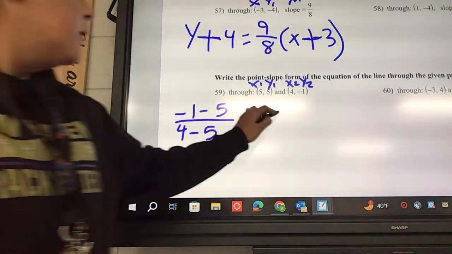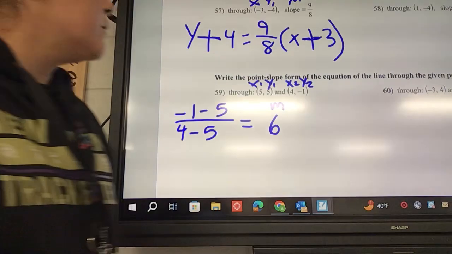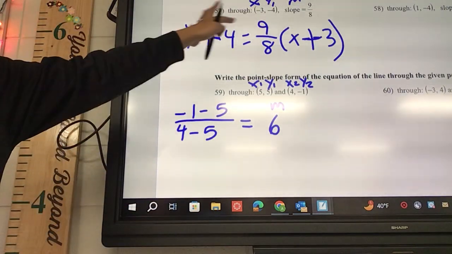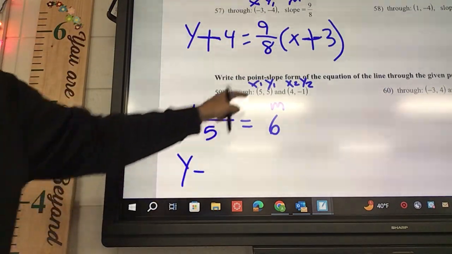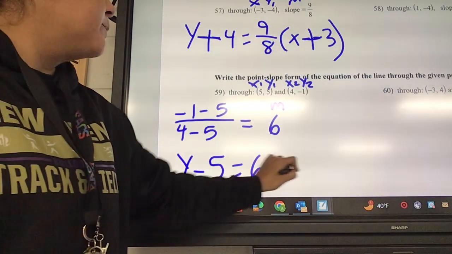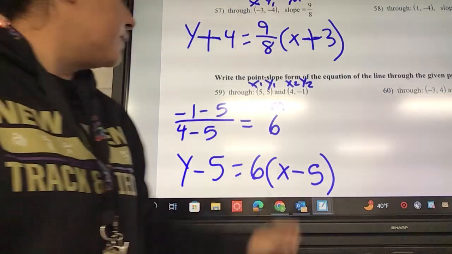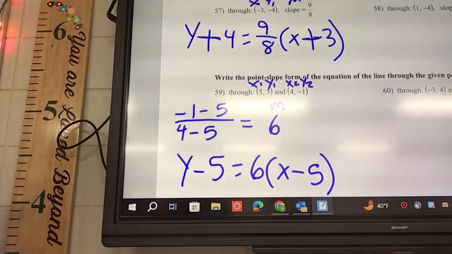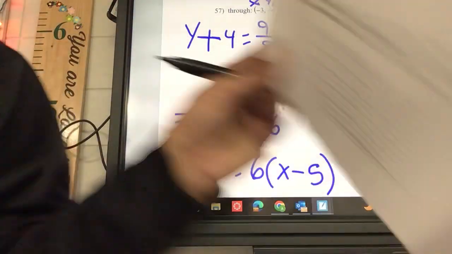Six. Okay, and so this is my m. This is my slope. And so we're going to do the same formula. Y minus my y1 equals my m, x minus my x1, which is 5. Okay, and so now this one is complete.